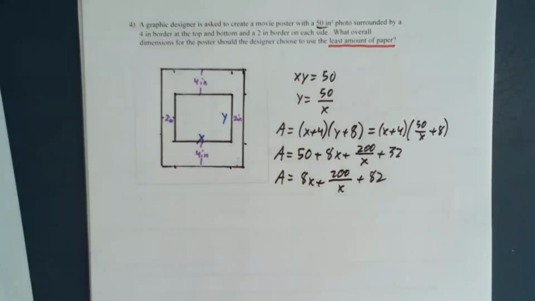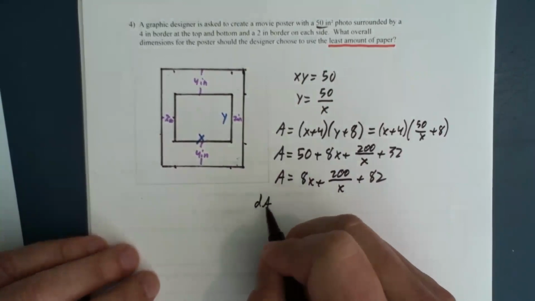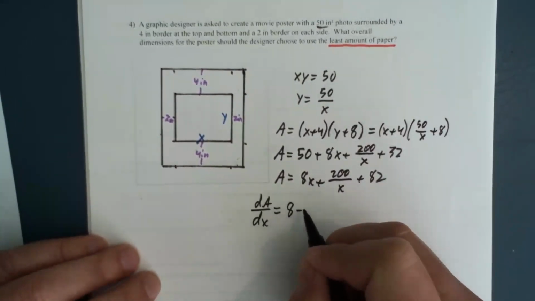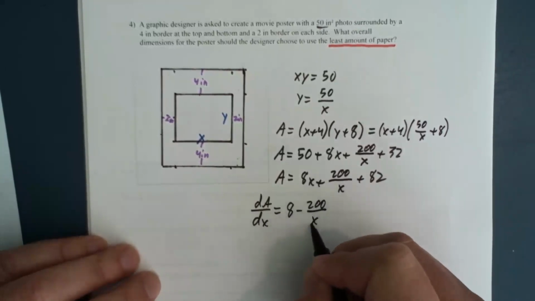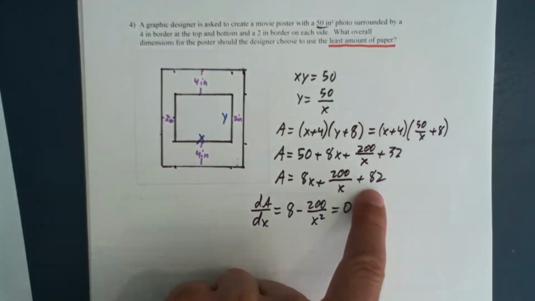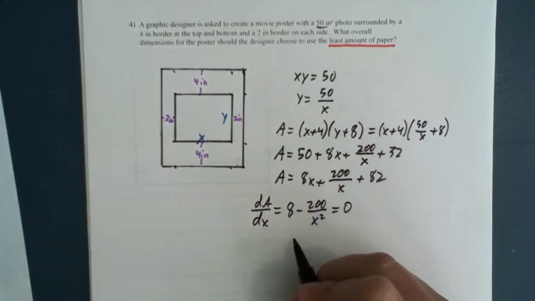All right. So to optimize this, we are going to have to take the derivative. This can be minus 200 over X squared. And we're going to have to set that equal to 0. Remember, derivative of a constant is 0, so that 82 goes away. We'll multiply through by x squared.